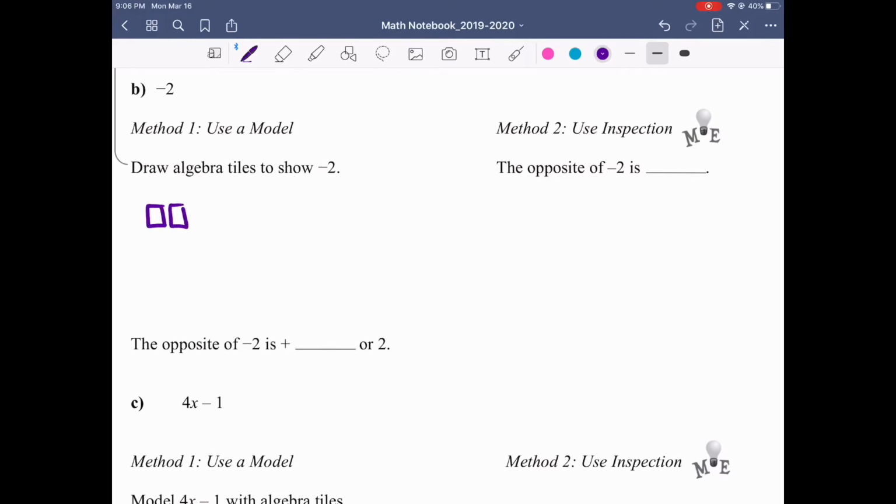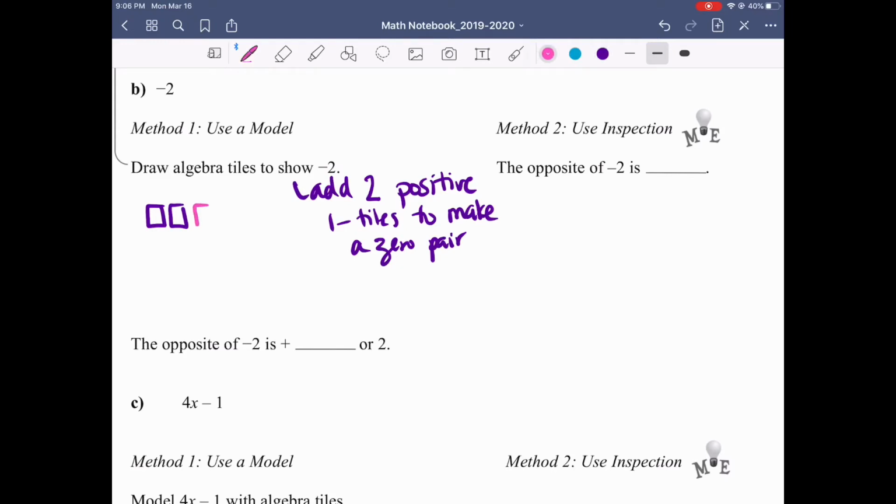So to cancel it out, I need to add 2 positive 1 tiles to make a zero pair. Okay, so 1, 2, positive. So therefore the opposite of negative 2 is positive 2 or just 2. And we know that from inspection right away as well.